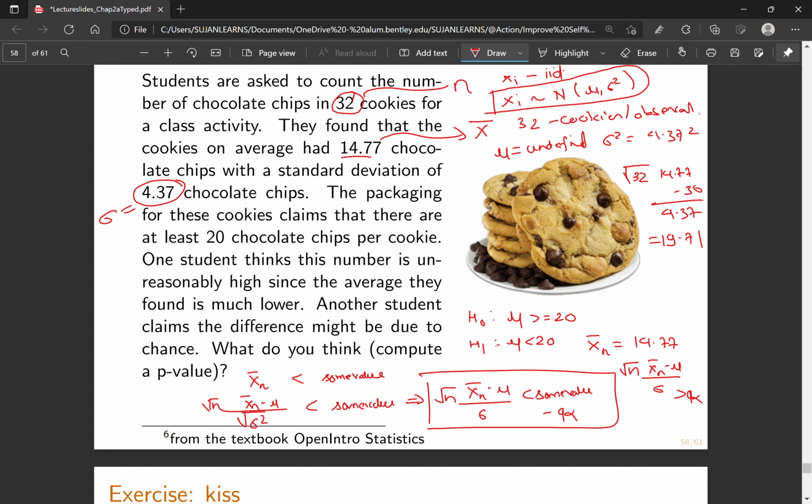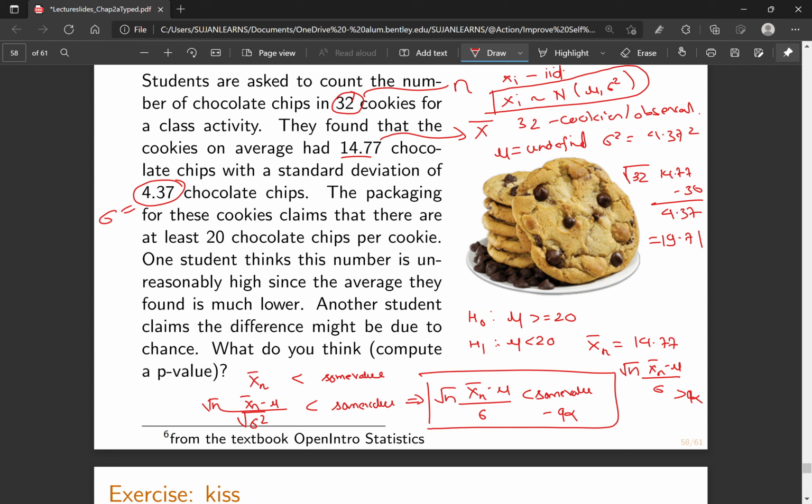Now the question is, is this greater than Q alpha? Let's see. What we have as Q alpha here.